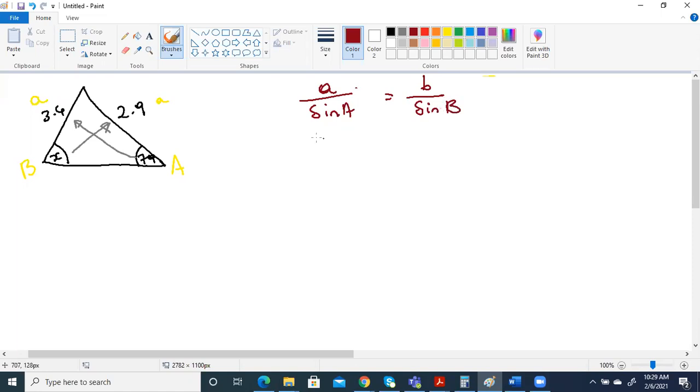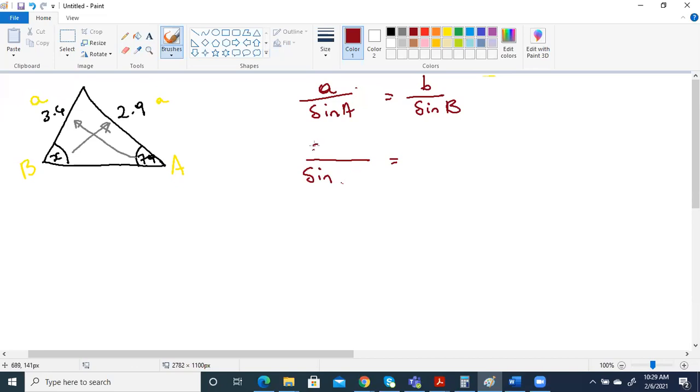So small a is 2.9 over the angle. We don't know the angle, I'm going to put B. You can put X if you want, that's also perfectly fine. Let's go back. It was right, but it's not sine A. I had called this B on the diagram, so I just want to remain consistent.